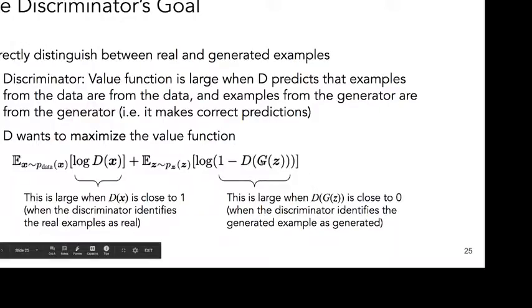So G of Z outputs some example in X, right? So D of some fake example, that's going to be close to 0 if the discriminator correctly identifies it as fake. So the discriminator sees this fake example and outputs a probability close to 0, and that's when it correctly identifies that this is a generated example. So D wants to maximize this whole function.